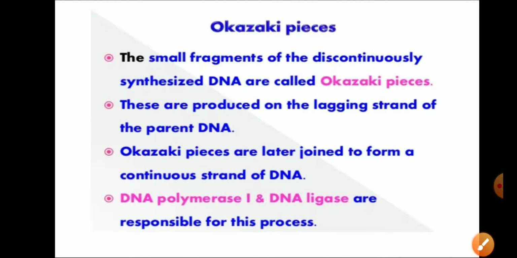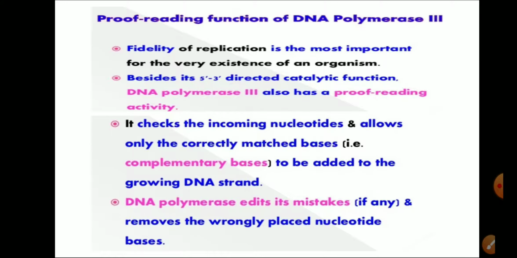What are Okazaki fragments? These are the small fragments discontinuously synthesized. They are joined together later on by the enzyme DNA polymerase 1 and the ligase. Proofreading can be done by the DNA polymerase 3. The fidelity of the replication is the most important. That means the proofreading of this newly synthesized double-stranded DNA molecule.